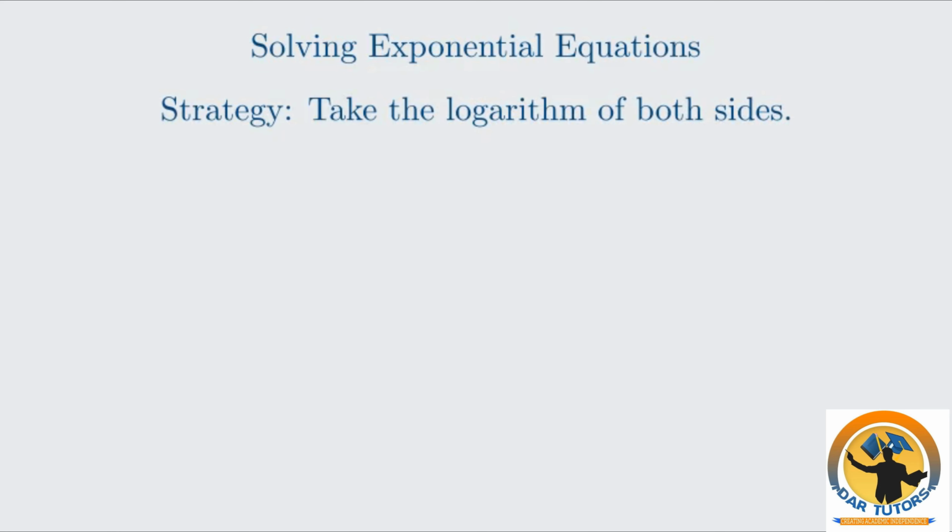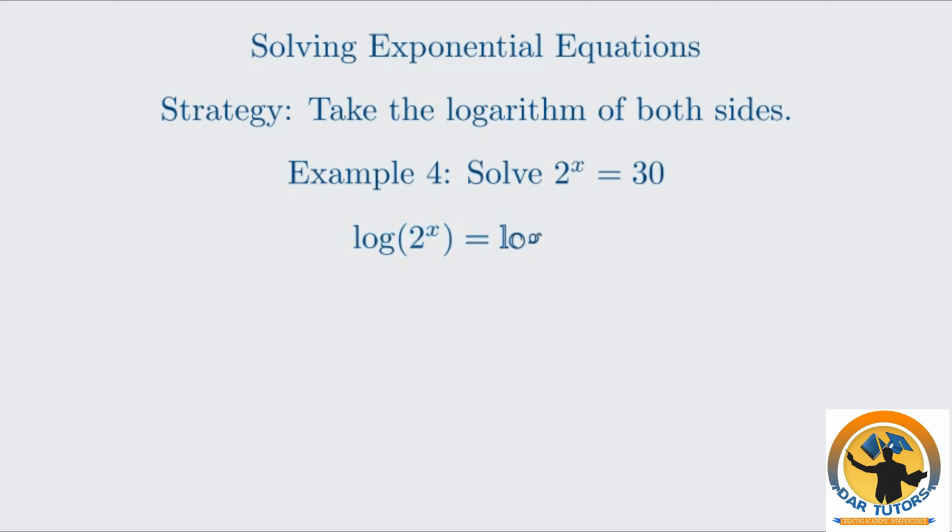Let's start with a classic example. Solve for x in the equation 2 to the power of x equals 30. We can't easily write 30 as a power of 2, so we'll take the logarithm of both sides. We can use any base, but base 10 or base e are common because they are on most calculators. Let's use base 10. We take the log of 2 to the x and the log of 30.